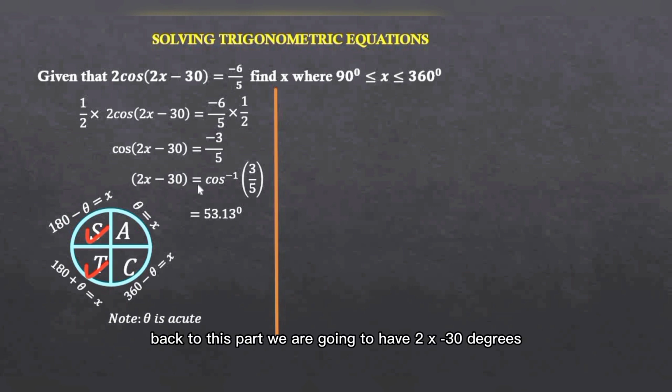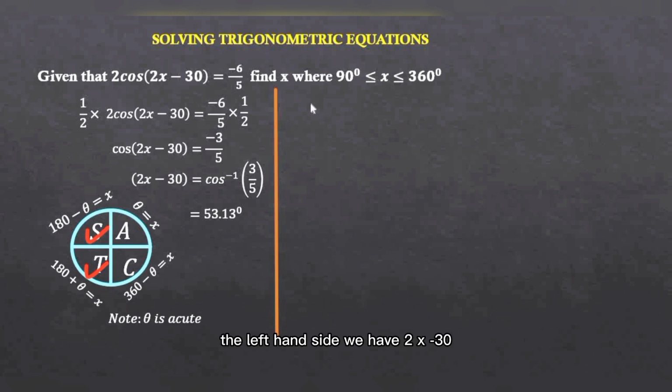Well, back to this part, we are going to have 2x minus 30 degrees, and this time around it is not going to be equal to 53.13. Remember, 53.13 should give us the positive value, but in the equation here it is supposed to be negative. So the values that will give us negative 3 over 5 will be the values that we obtain when we substitute in these equations as per the quadrants that we had identified respectively.